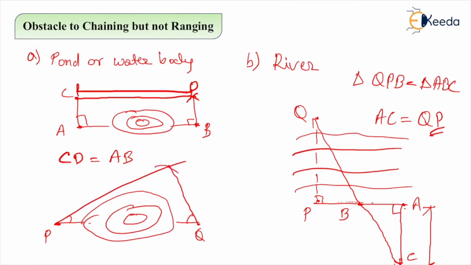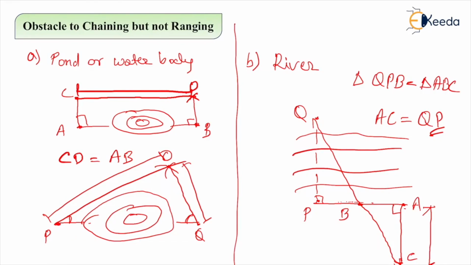Both lines will intersect at a point we name O. By using trigonometry, we can easily find your PQ distance, as we can know OP and we can also find OQ. We can simply find PQ by using the hypotenuse formula or by using simple trigonometry. So we have to basically use simple logic to overcome these obstacles.